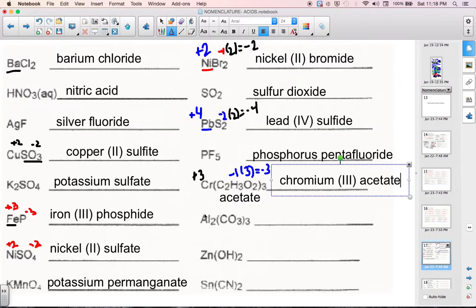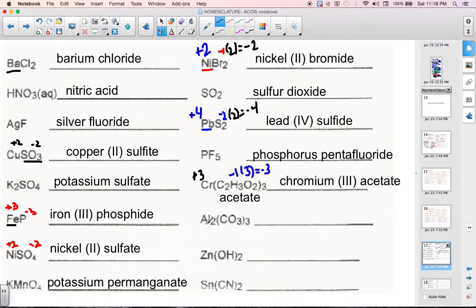Next one I have is Al2(CO3)3, and I need 3 of those. Okay, so I know aluminum is a metal. If I look at the periodic table, aluminum only has 1 possible charge, the +3, 1 possible oxidation number.